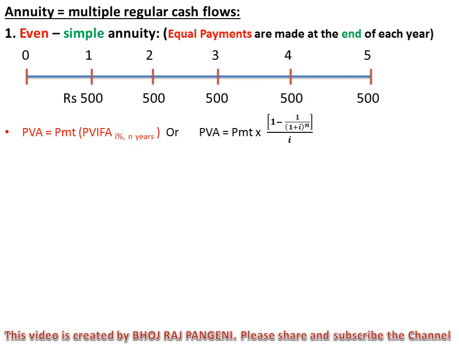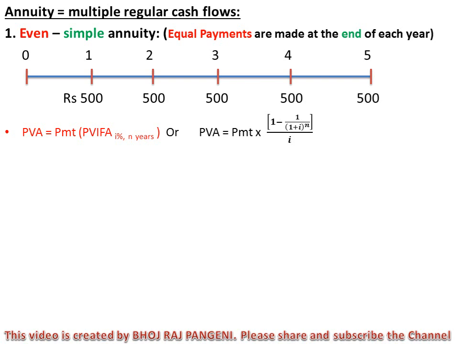For this we can get the present value of annuity. Present value of annuity means PMT, PVIFA. Use PVIFA, don't use PVIF. Be careful about that. PVIFA, I% n years is our easiest formula, so it is highlighted in red color.